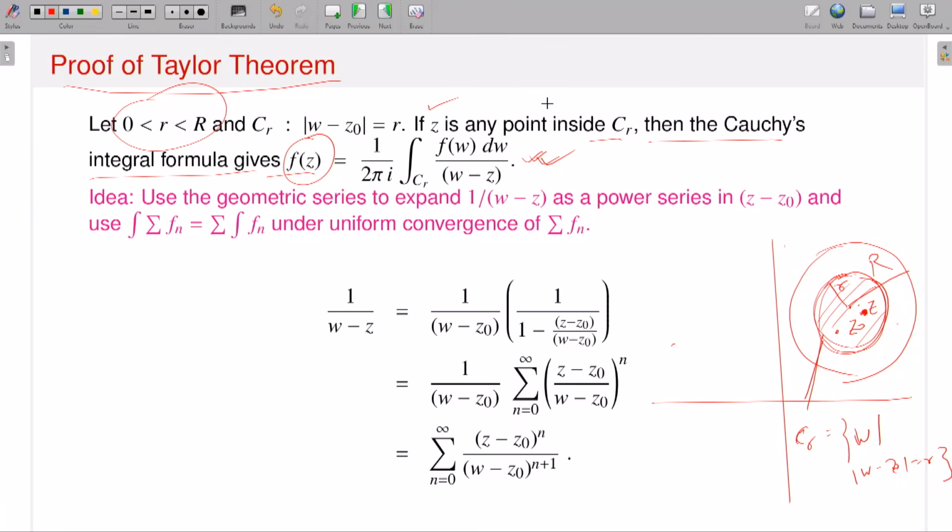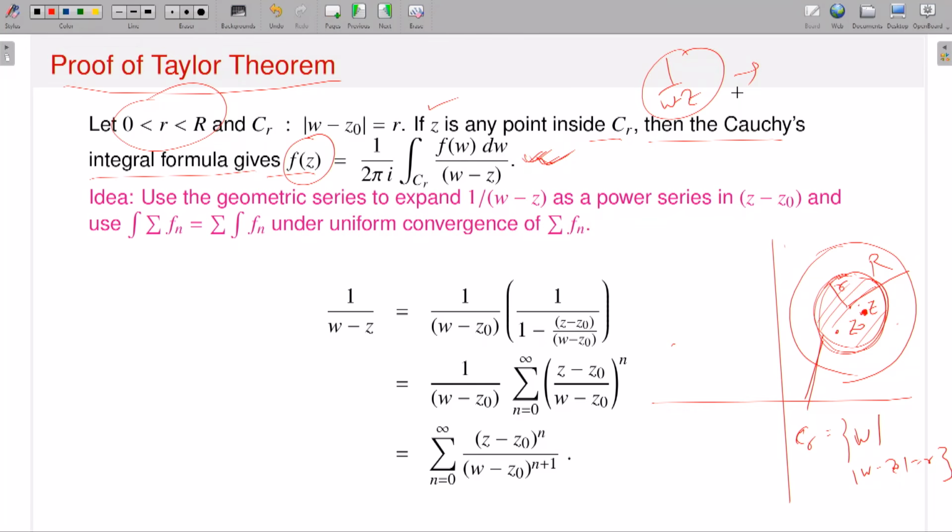So the idea is this: in the integrand you will have f(w) divided by (w - z). Now w runs over C_r, but z lies inside the interior of C_r. So since I am dealing with this kind of expression, I will write 1 by (w - z) in terms of a geometric series in z.